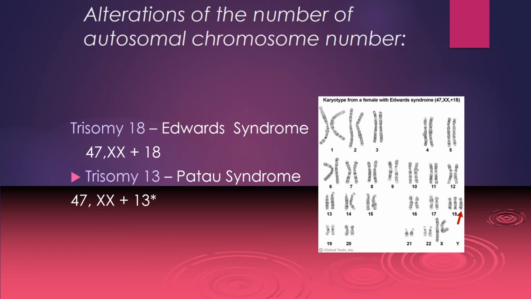XX is whether it's female or male, in this case female, and 18 is the chromosome that we will see as abnormal. You can see that over here on the right on the karyotype. And trisomy 13 is the case where there are 47 chromosomes, also a female in this case, and it's got an extra chromosome 13.